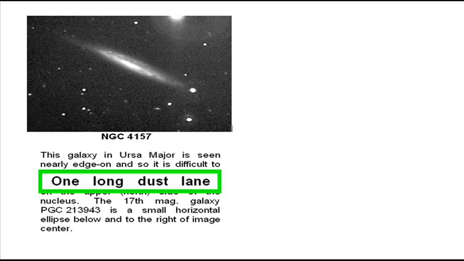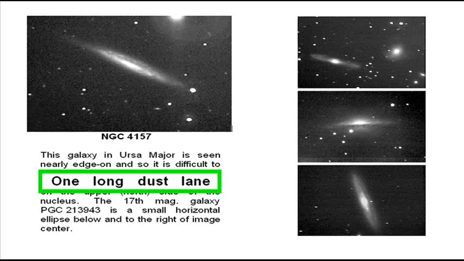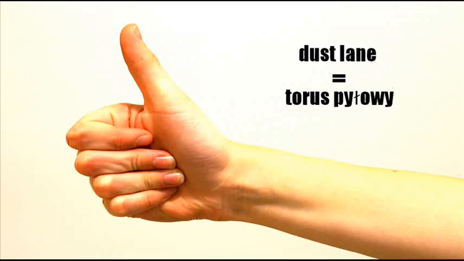But comparing the descriptions and images for other galaxies on this page, I saw that they are all pretty similar. So dust lane did refer to something circular in all these images, and there I had my term. Dust lane was translated as torus pyłowy, or literally dust torus, in Polish.